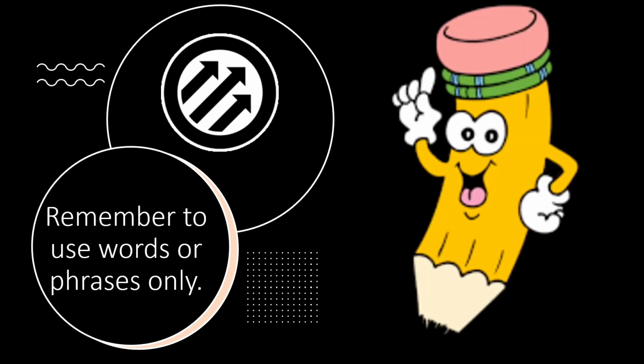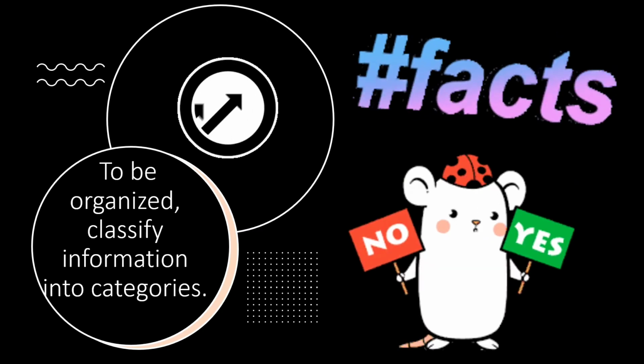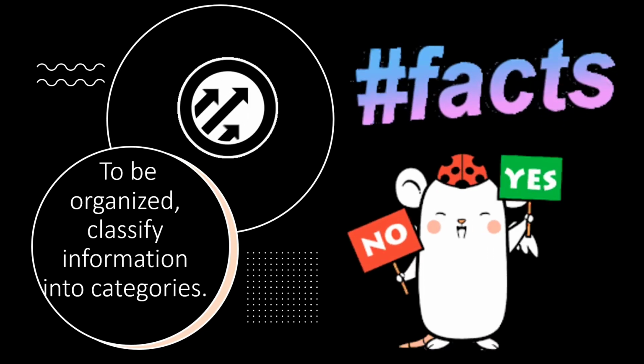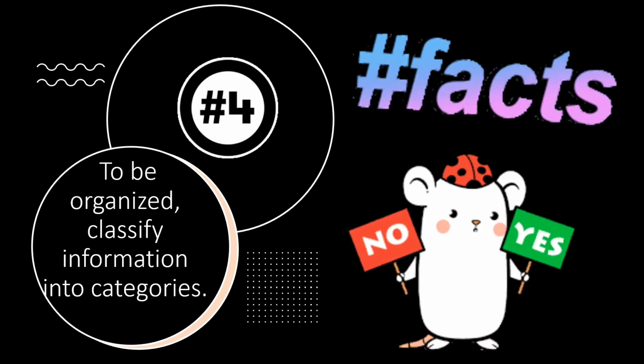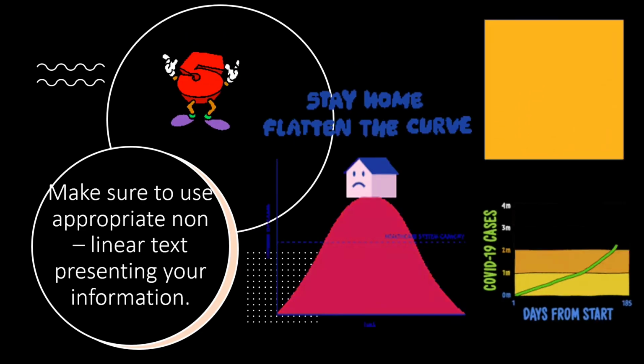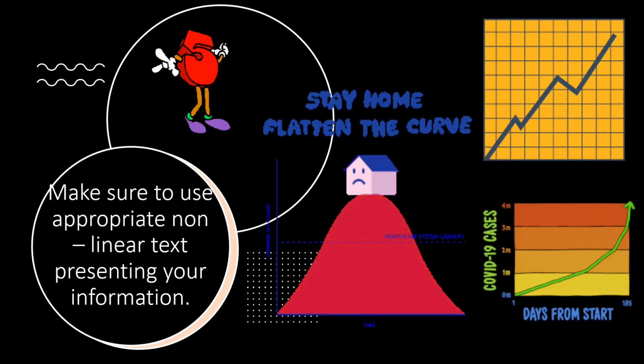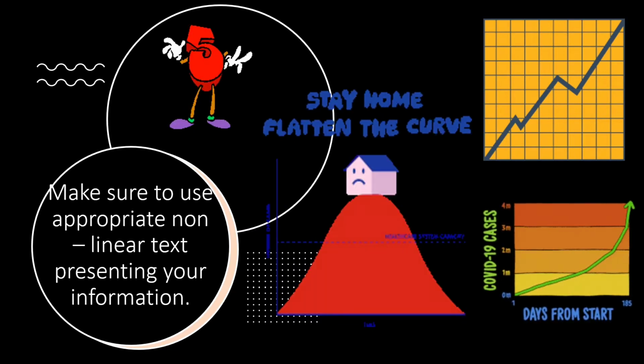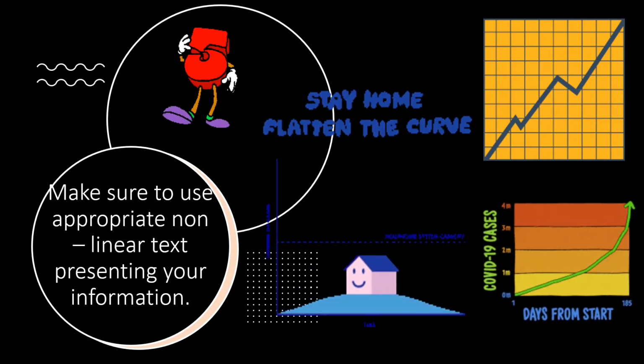Step 3. Remember to use words or phrases only. Step 4. To be organized, classify information into categories. Step 5. Make sure to use an appropriate nonlinear text in presenting your information.